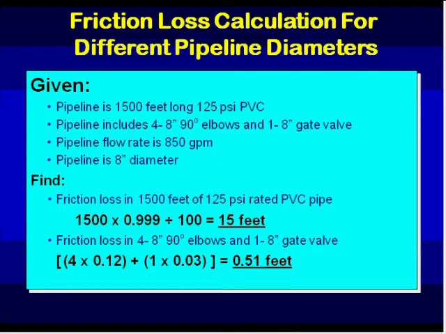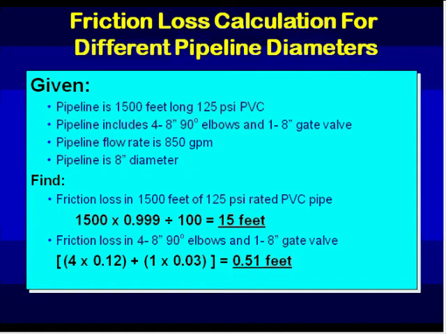Now we want to calculate the friction loss in the 4 8-inch elbows. So we multiply 4 by the 0.12 that came from the table, and then we have the gate valve. We have one of those times 0.03. Add those two together, and we have an additional 0.51 feet of friction loss through those accessories.